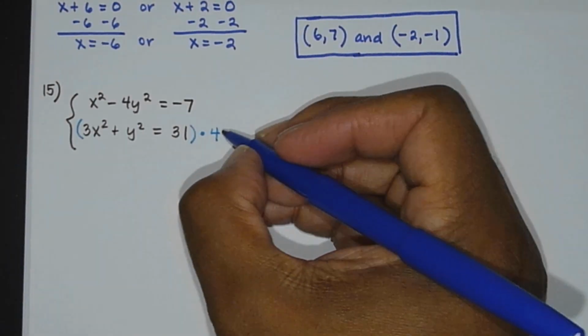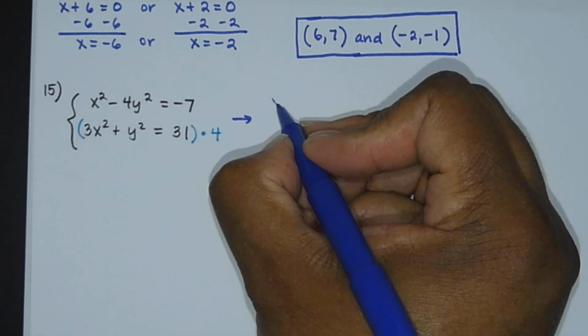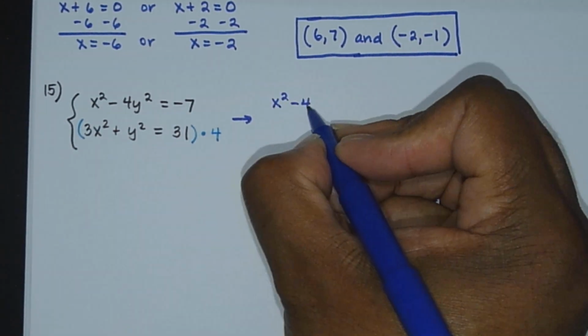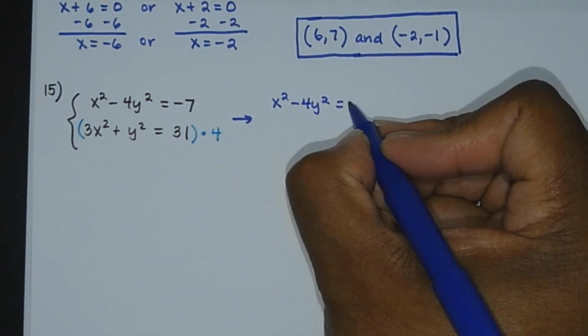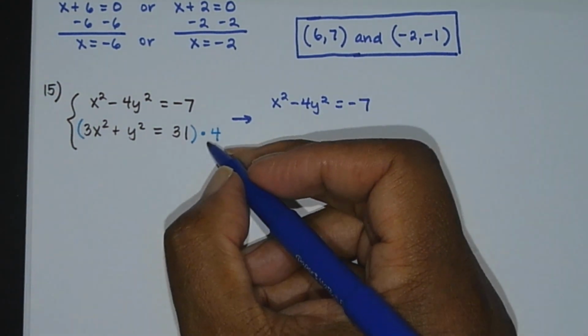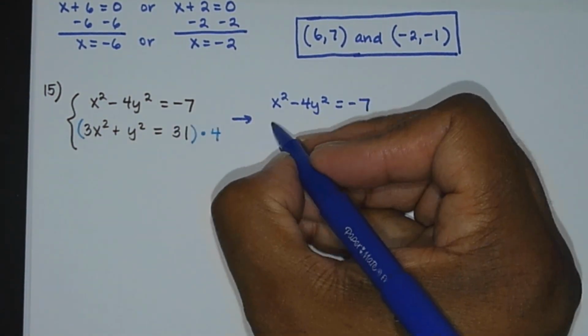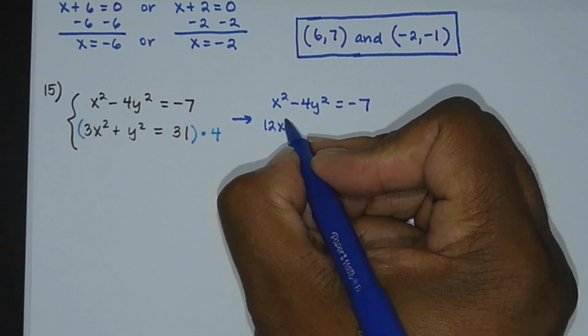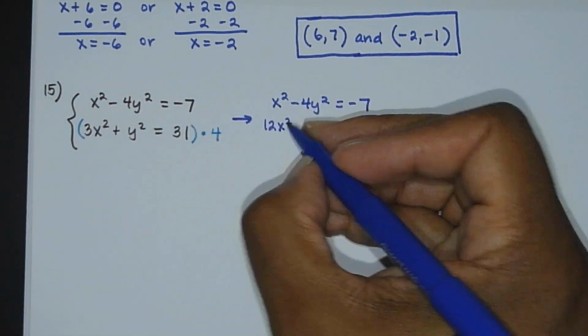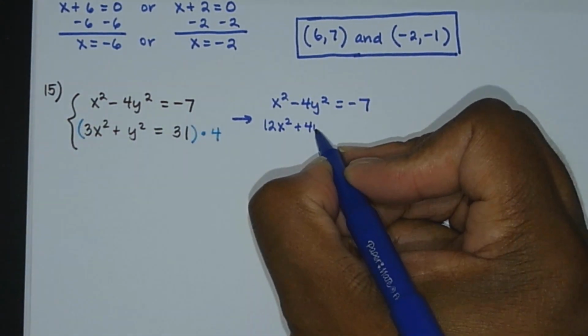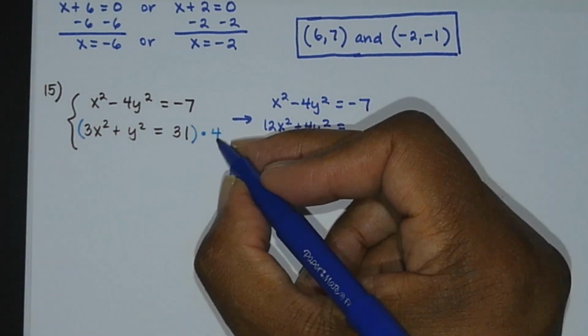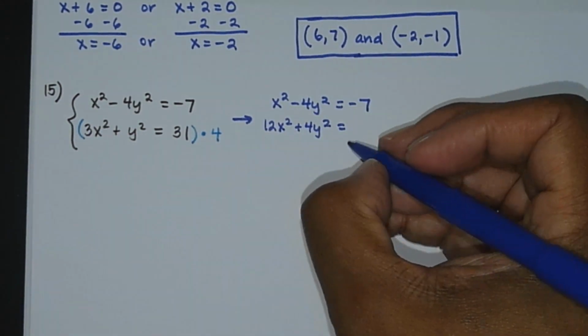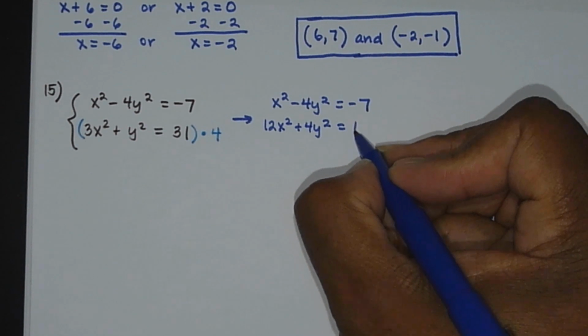When I do that, that first equation will remain the same. x squared minus 4y squared is equal to negative 7. Then if I multiply the 4 times the 3x squared, that's going to be 12x squared. 4 times the y squared will be a plus 4y squared, equaling the 4 times 31, that's going to be 124.